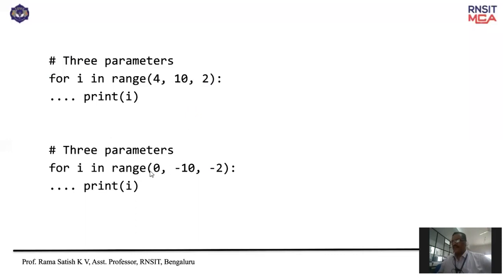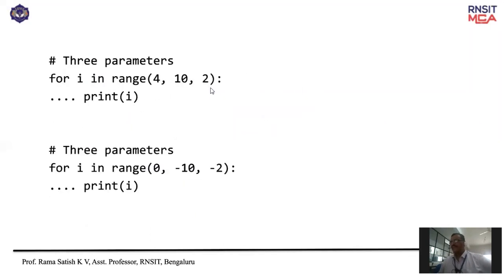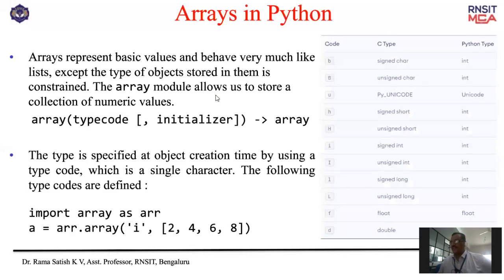So this is 0 to -10, and every time it will reduce by 2. So this is one example. There is a 3-parameter range function, a 1-parameter range function, and a 2-parameter range function. If you give 1 parameter, it takes only the end target value. With 2, start and end. With 3, start, end, and increment value.